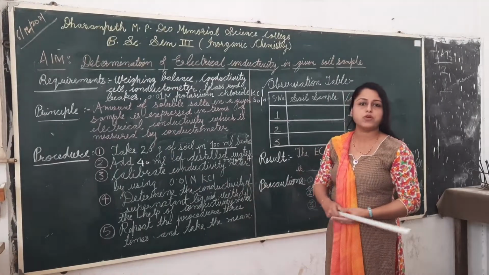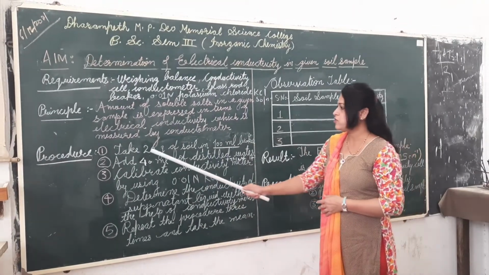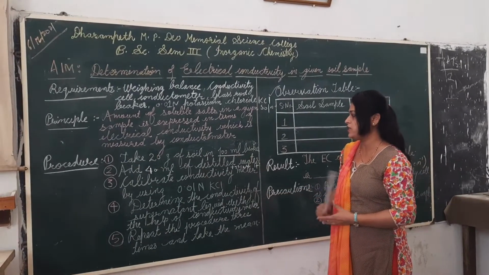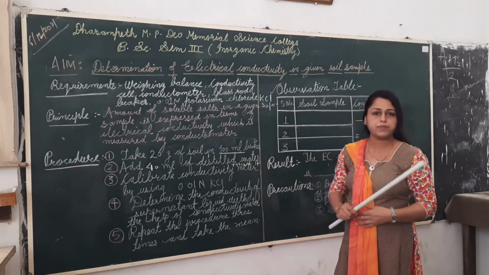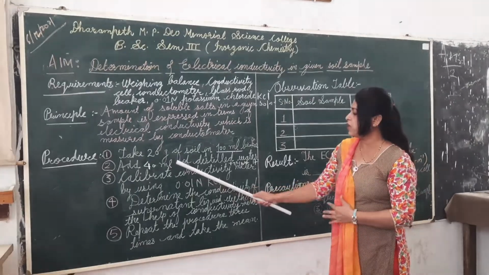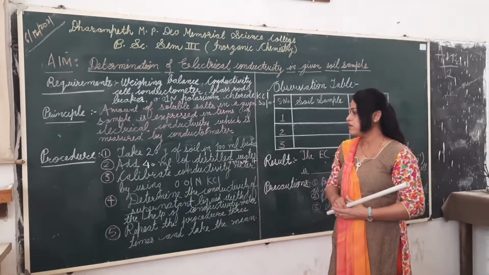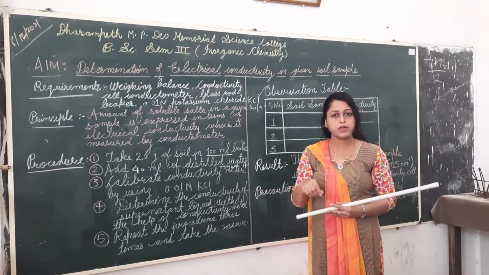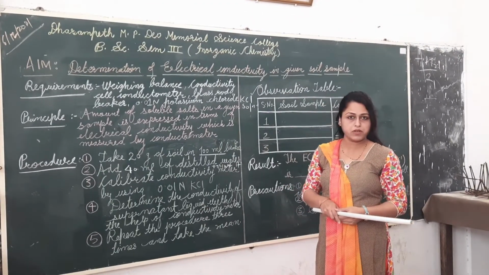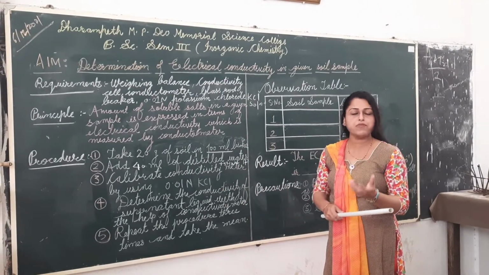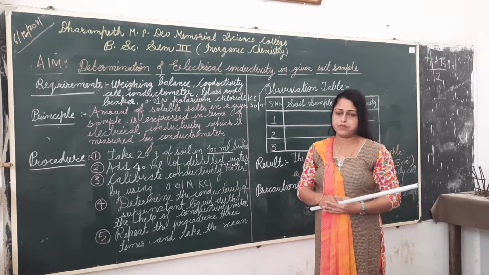Now let's move towards the procedure. In the first step, we have to take 20 gram of soil sample in a 100 ml beaker, then add 40 ml of distilled water to it. After intermittent stirring for half an hour, we have to filter this soil sample, and then we will get our supernatant liquid.